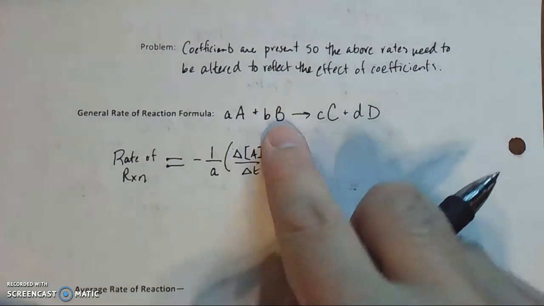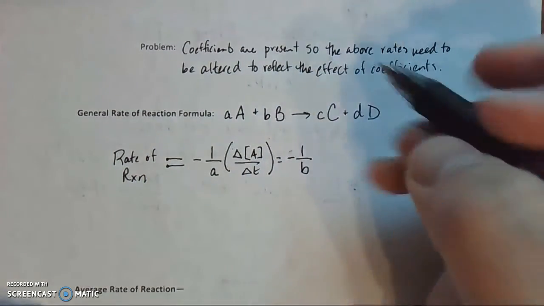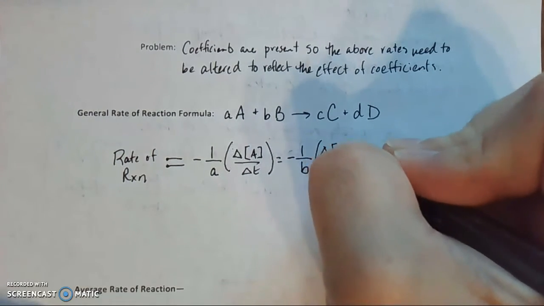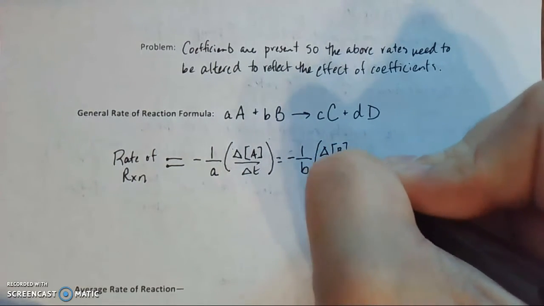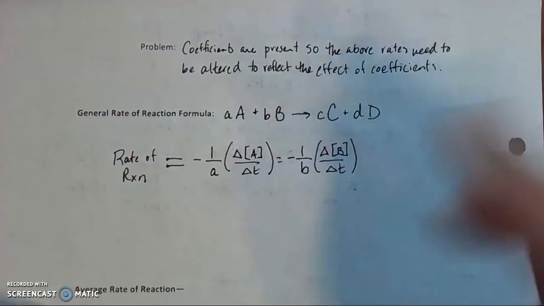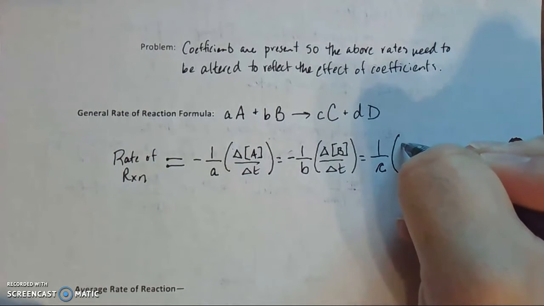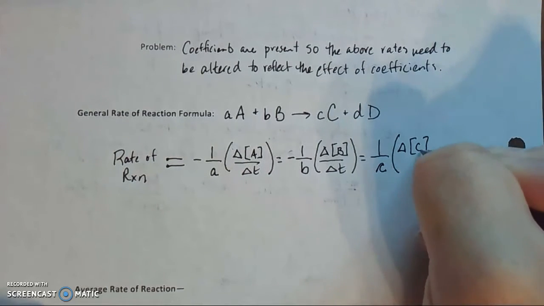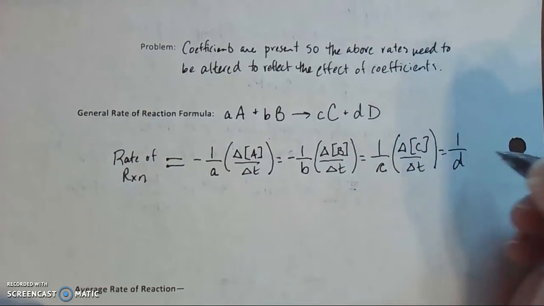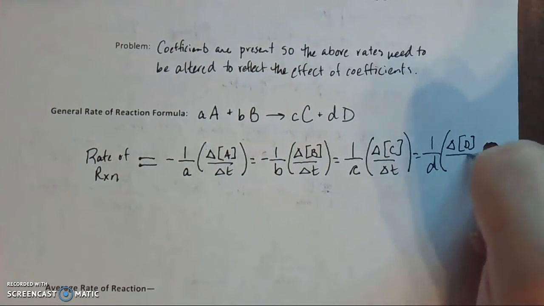That is going to equal negative 1 over little b, so it takes into account the coefficient, times the change in concentration of B over the change in time. We can also define it equal to C, and this time it's positive, so 1 over little c times the change in concentration of C over the change in time, and that is equal to 1 over little d times the change in concentration of D.